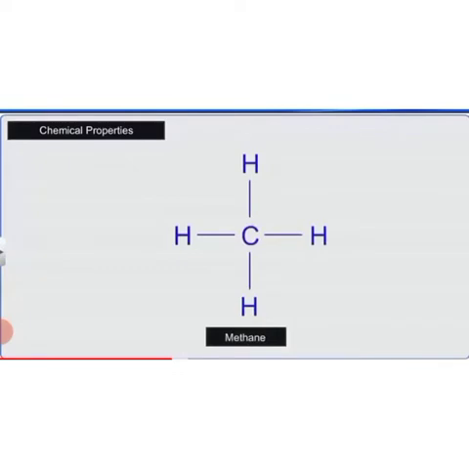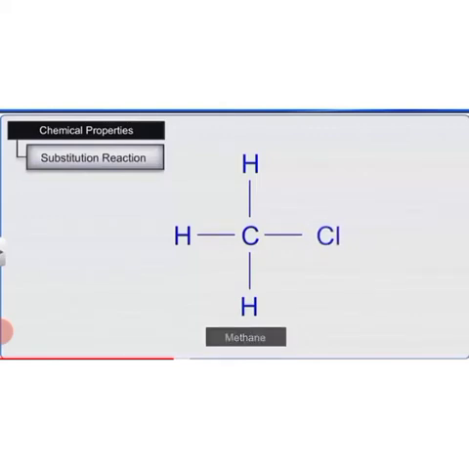During this reaction, the hydrogen atom of an alkane is substituted, and hence, the reactions are called substitution reactions. When the element substituting the hydrogen is a halogen, the reaction is called halogenation.